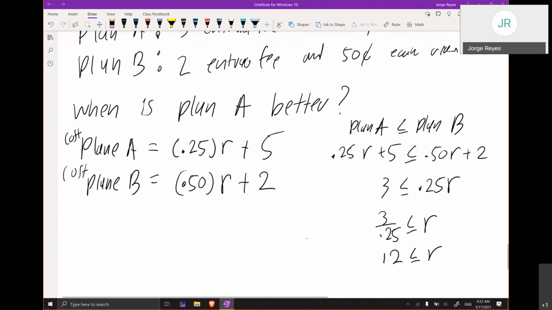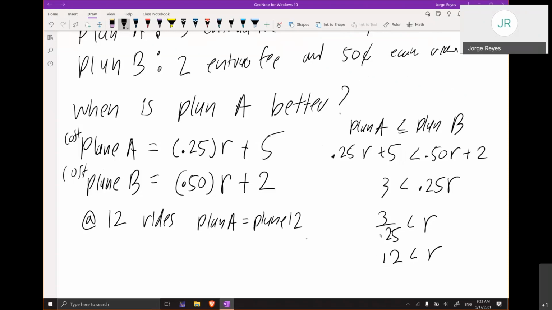Actually, if we want to get super technical, I should not have put a less than or equal to, because at 12 rides, plan A equals plan B. So they're the same.